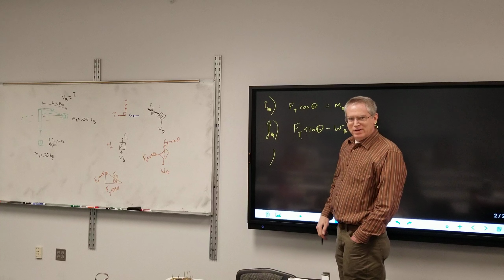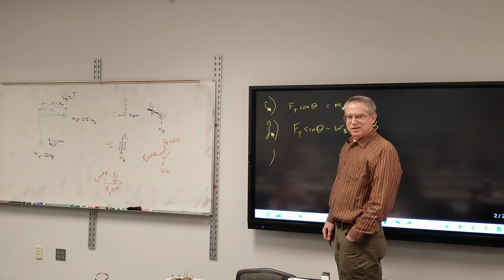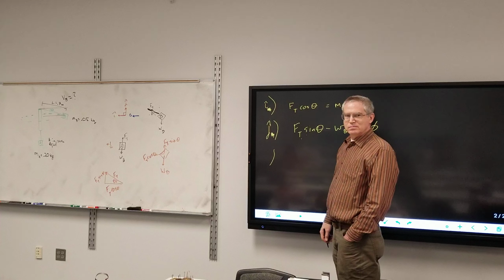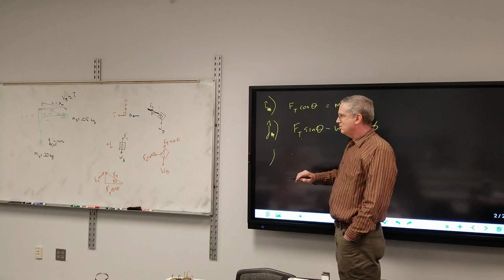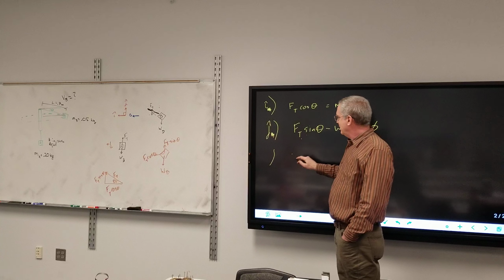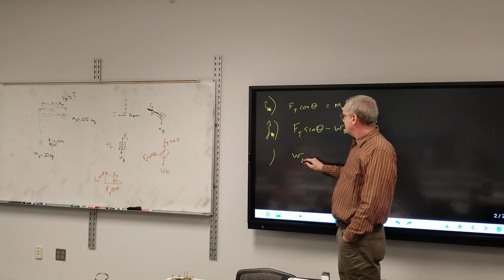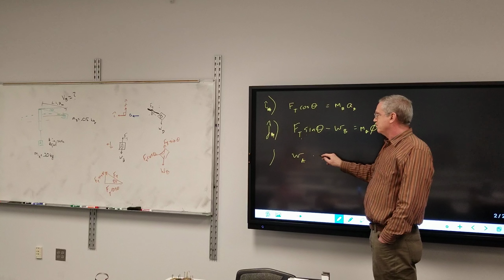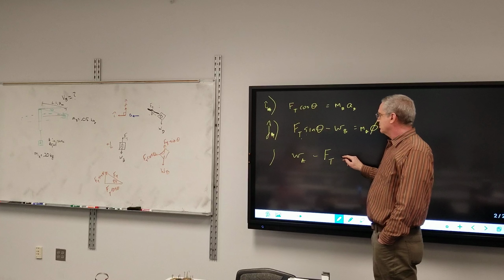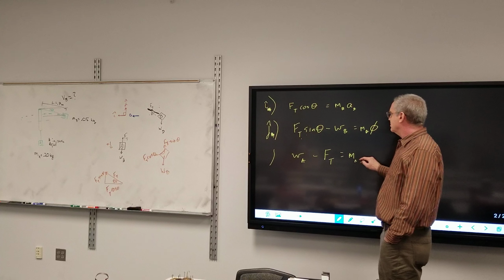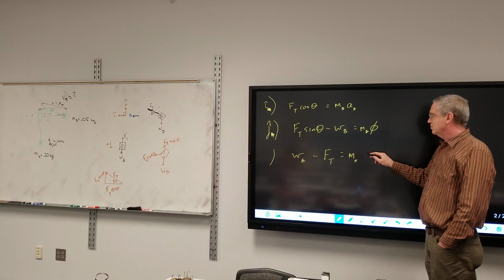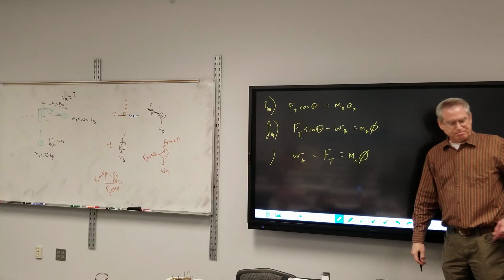We wrote it just as a plus last time for A. It would be F_T, let's stick with the convention. Oh, weight minus F_T equals m_A a_A, which is 0.